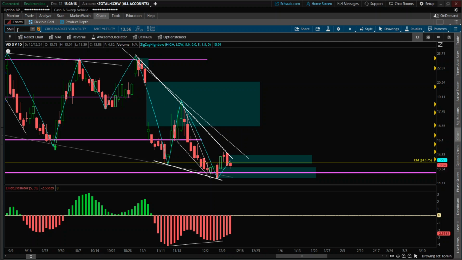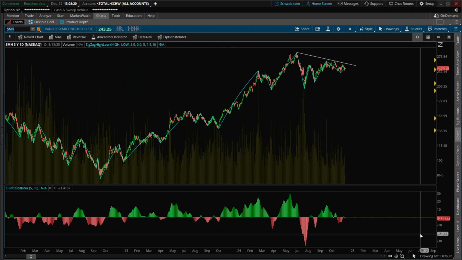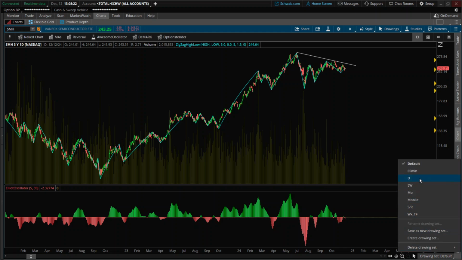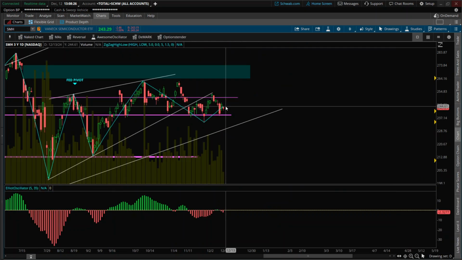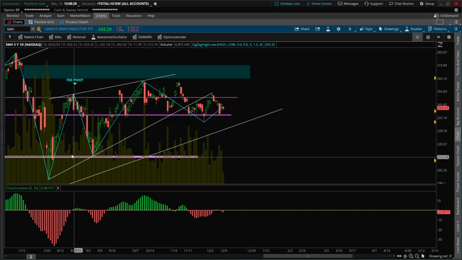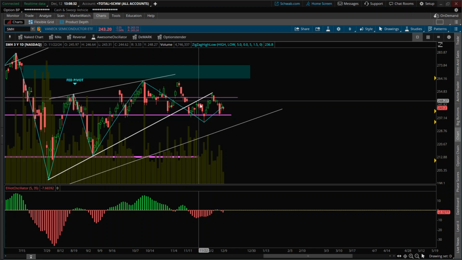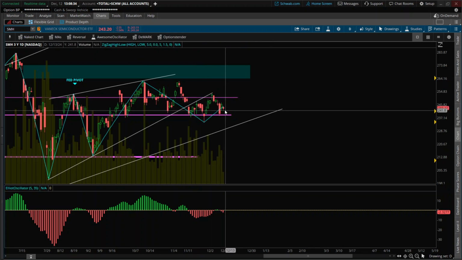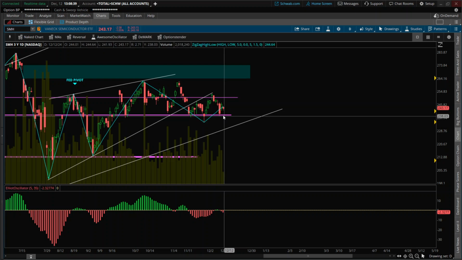And of course, SMH, this is the overall indicator for me, telling us what direction we're going to be in. You know, this is just week on week on week. So bear flag, backtest, breakdown, and we're just waiting for the rest of the market to follow at this point.